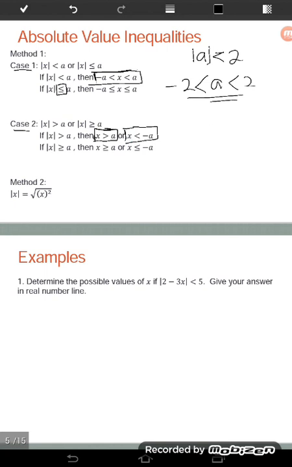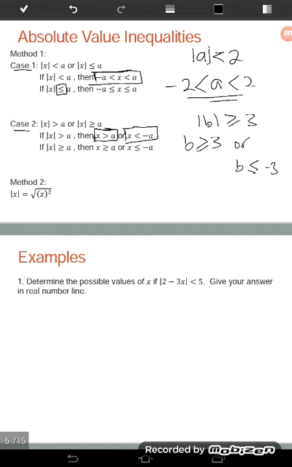So for example, modulus b greater than or equal to 3. So lagi besar. So jawapan dia must have two answers. So b greater than or equal to 3 or b less than or equal to negative 3. So satu positif, satu negatif.